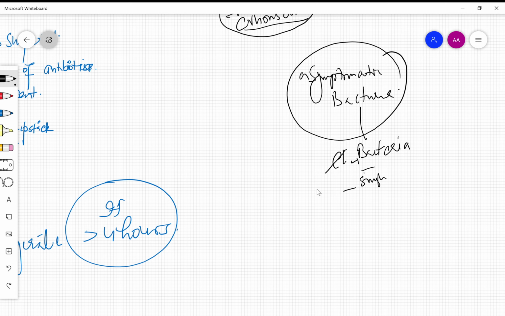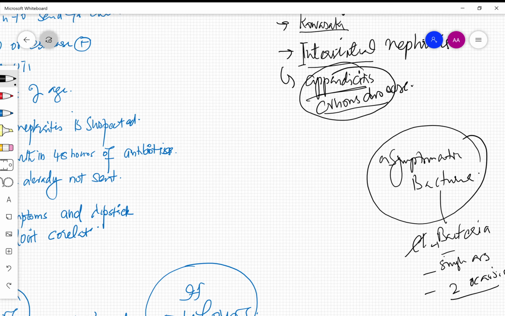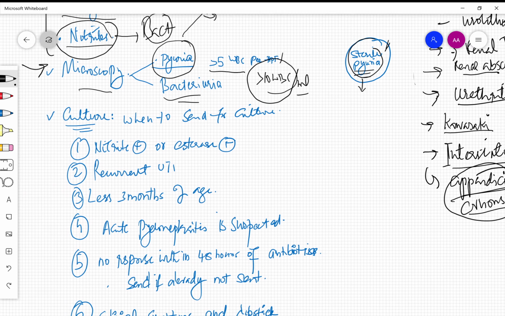If the culture is positive for a single organism on 2 occasions and there are no symptoms, then we call it asymptomatic bacteriuria, and it doesn't need to be treated. Otherwise the treatment doesn't help, and if you treat it, it disturbs the microbiome and it can cause problems. So these 2 terms need to be considered here.